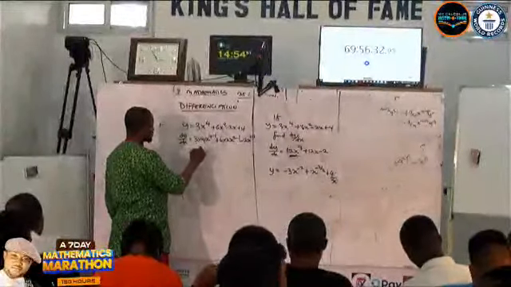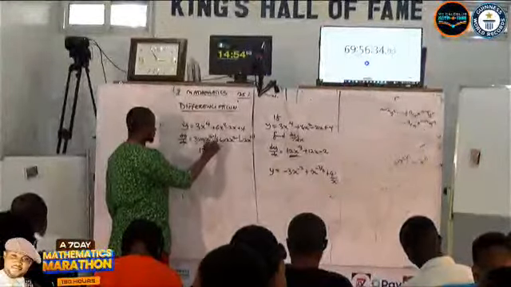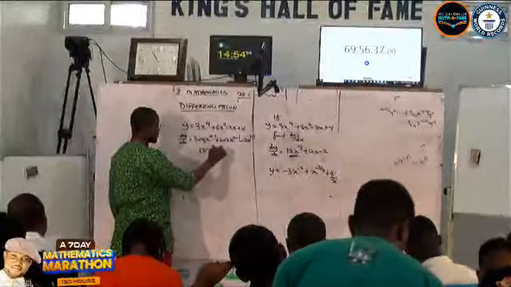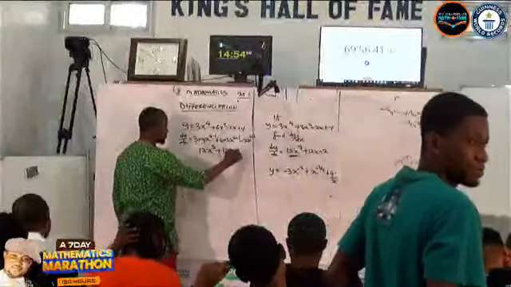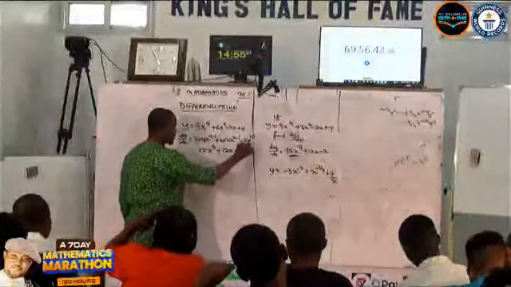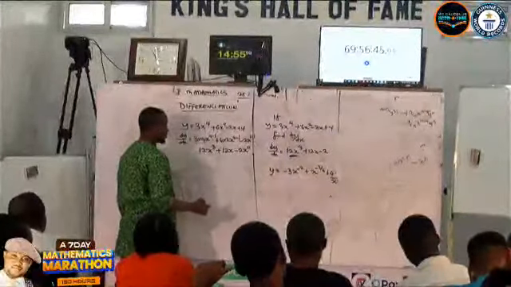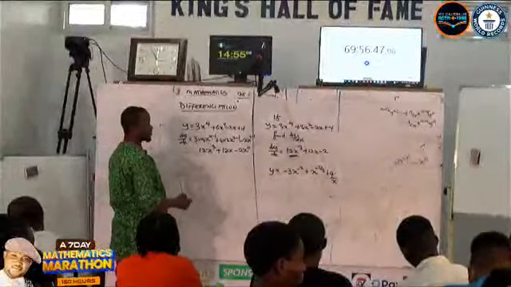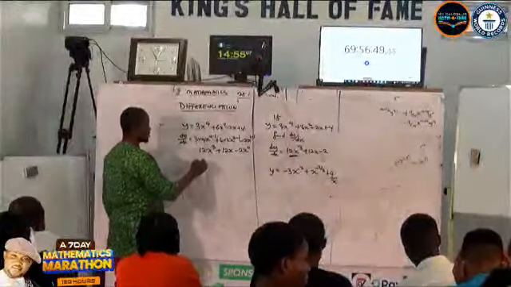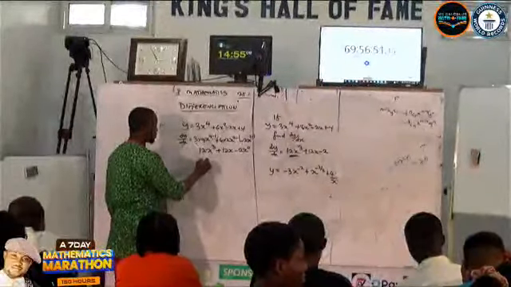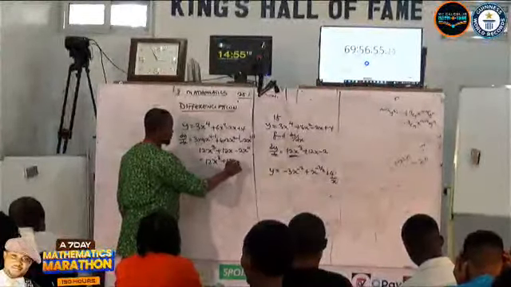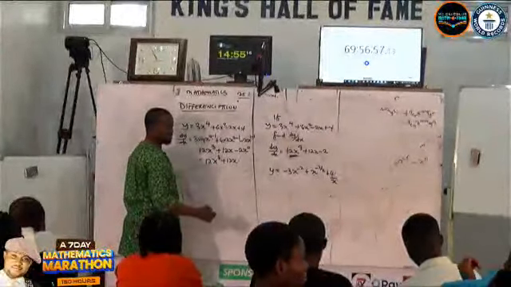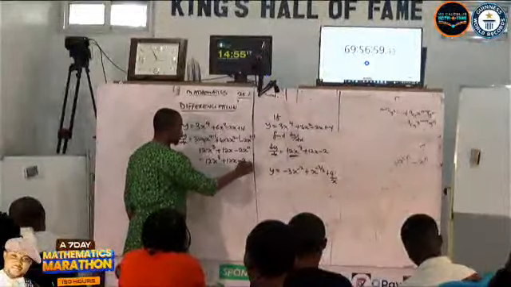So this is 12 x^(4-1), which is x^3, plus 12x^(2-1), minus 2 times x^0. Because if you multiply that, it's gone. So this is 12x^3 plus 12x. Any number to the power of 0 is what? Minus 2.